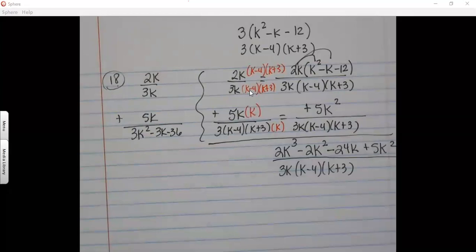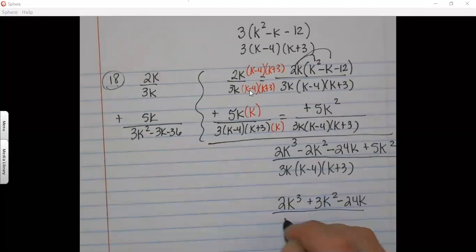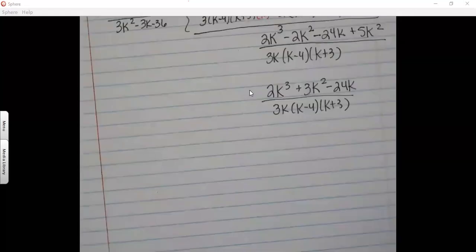So I have 2k cubed plus 3k squared when I combine like terms, minus 24k. Do I have a greatest common factor in my numerator? K, right? And as far as numbers go, no numbers, just a k. Well, if I factor out a k, that'll be a monomial. I can reduce it with that 3k in the denominator. So I need to do that.